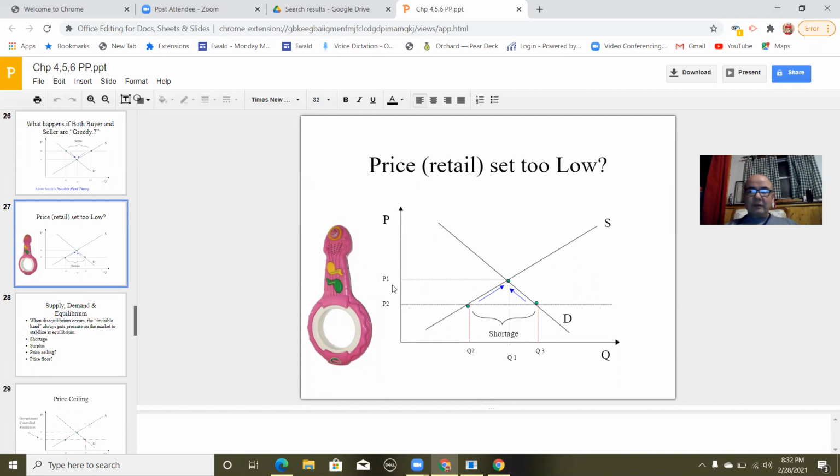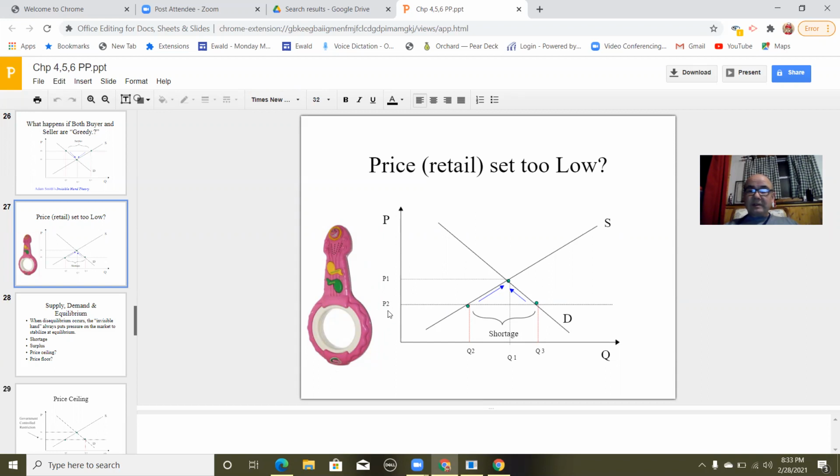So let's pretend that P1 is $20. And at $20, let's say that 1,000 of these, Q1, 1,000 of these would be sold. Well, what they did, and it wasn't by much, P2, the actual retail price, which they thought was going to be close to equilibrium, they set the price of the Barney banjo at around $17.